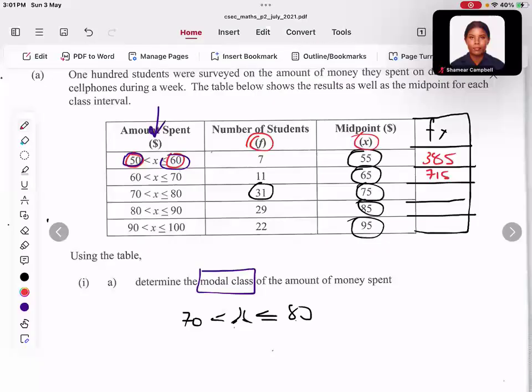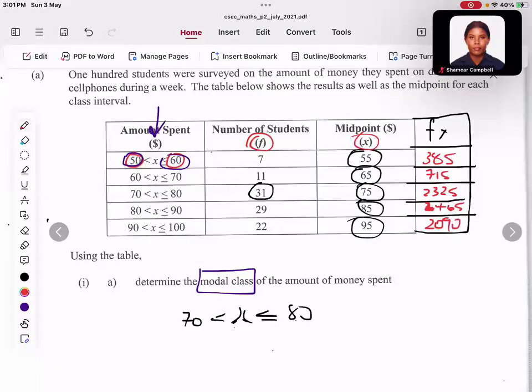What is 31 times 75? 2325. Okay. What is 29 times 85? 2465. And what is 22 times 95? 2090. All right, guys, can somebody else confirm those answers, please, before we move on?